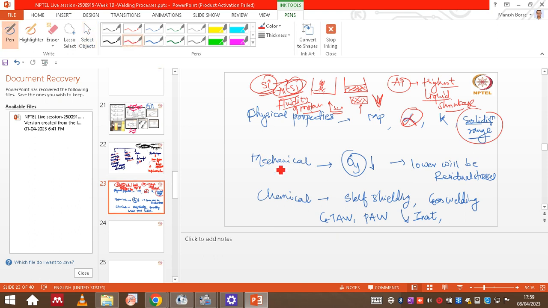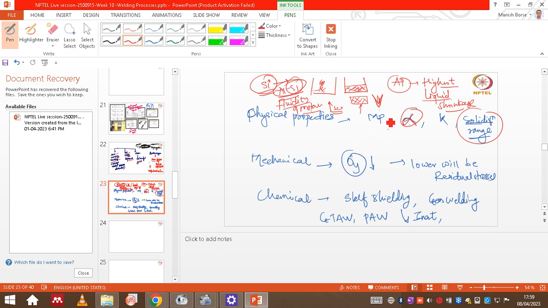So if we consider a particular material for fusion welding processes, then the properties we are looking at in that material are obviously their melting point, thermal coefficient of expansion, thermal conductivity, and solidification rate, right?